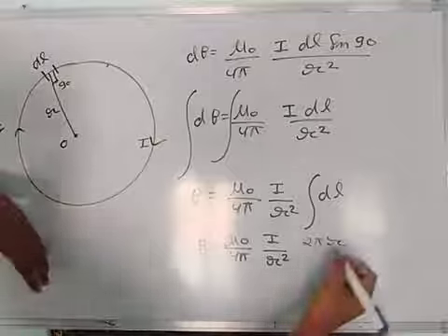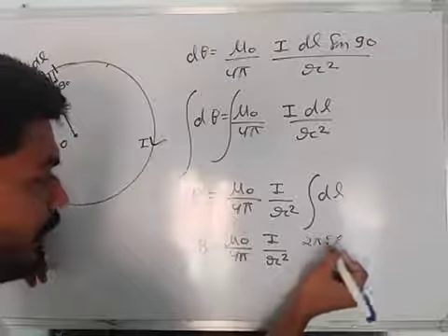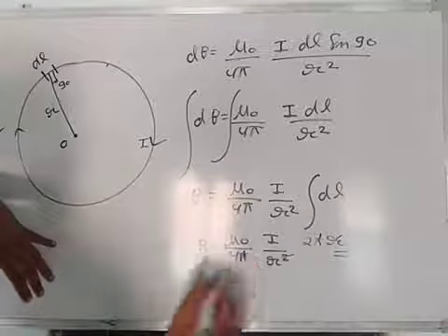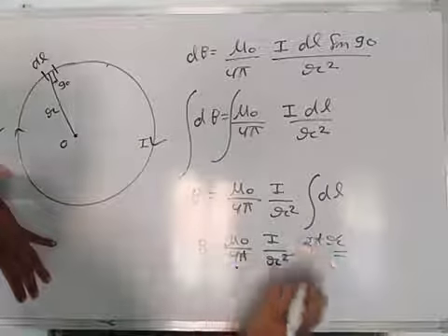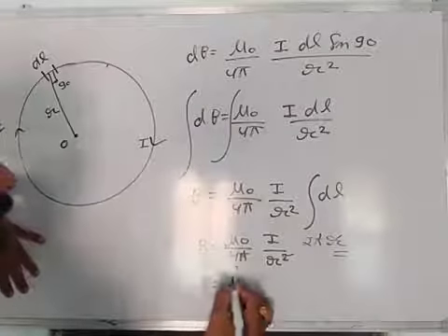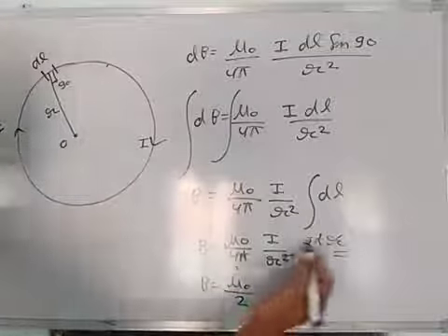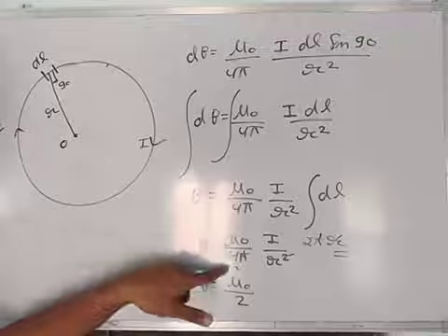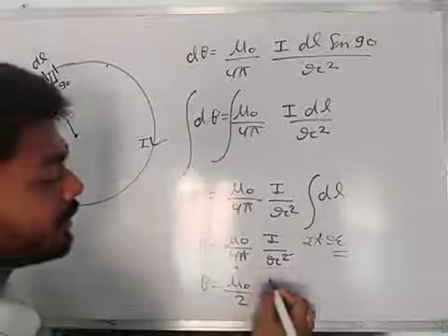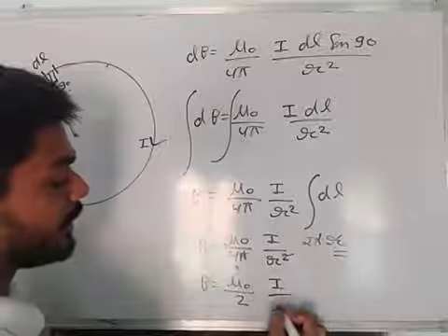One r cancels out, and pi cancels, and 2 over 4 becomes 1 over 2. Then the answer will be B is equal to mu naught by 2, pi has been cancelled, I by r.